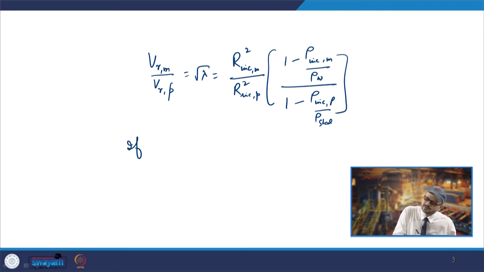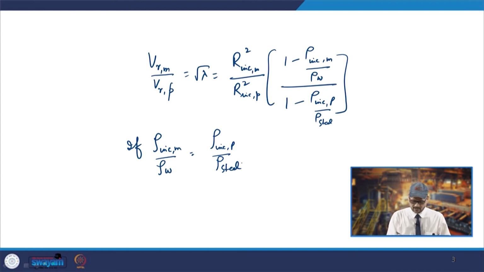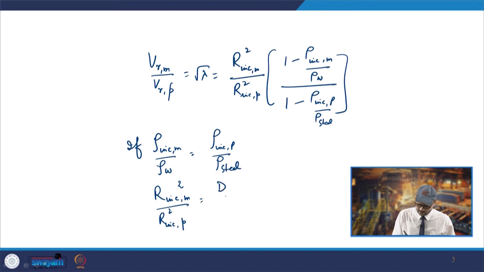So, if you are considering rho inclusion model by rho water to be the same as rho inclusion prototype by rho steel, in that case your expression becomes R inclusion model squared divided by R inclusion prototype squared.